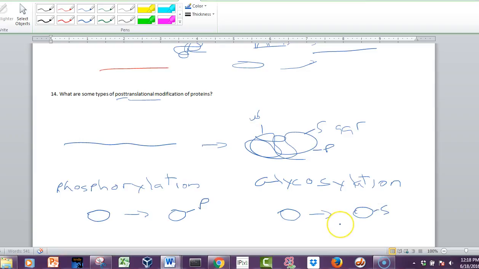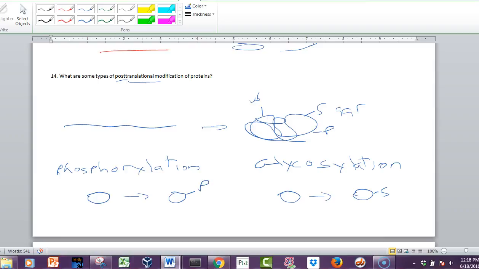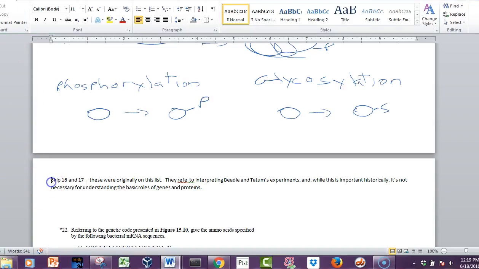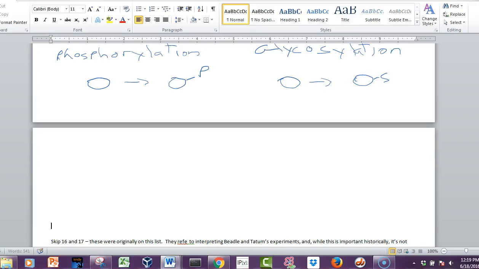But sugars often get added to a particular amino acid in a protein, and that can modify the function. Glycosylation is common to proteins that end up on the cell surface. If you look at any picture of a cell membrane with all the proteins, there'll be a lot of glycoproteins, which are proteins with sugars added that stick out of the surface of the cell.